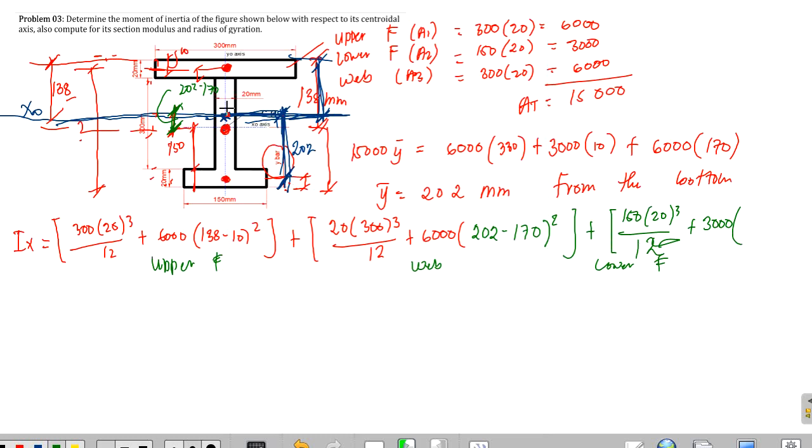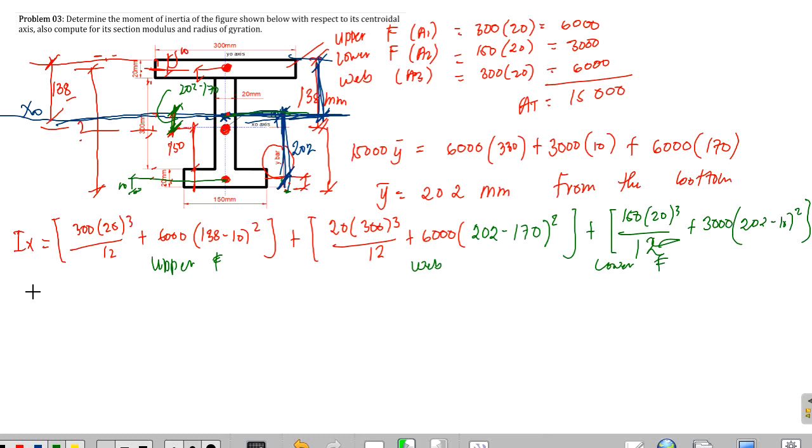Okay? So, if this is 202 from the bottom, the y bar, the location of the centroid of the lower flange is 10 from the bottom. The distance now is 202 minus 10 squared.